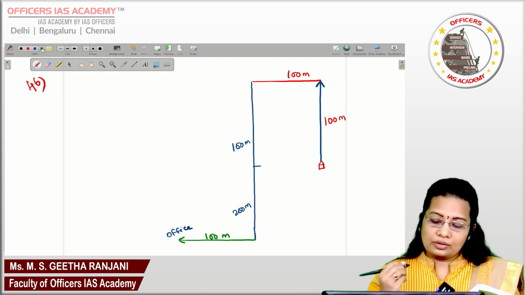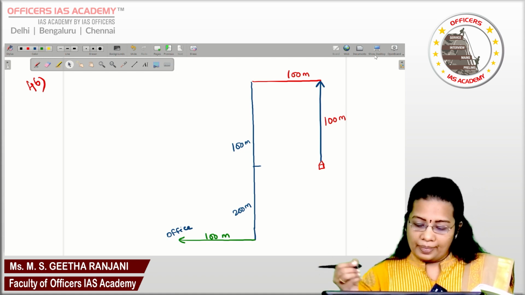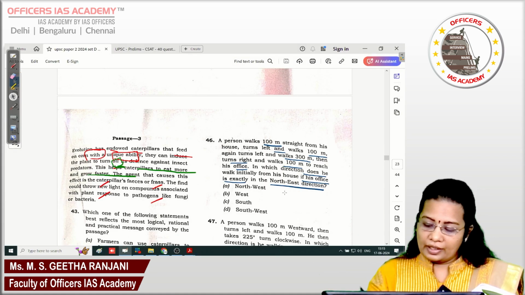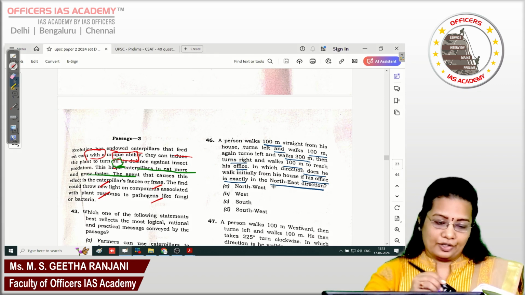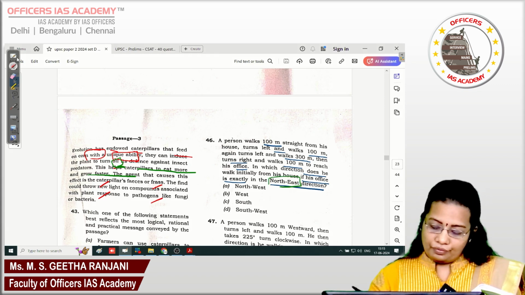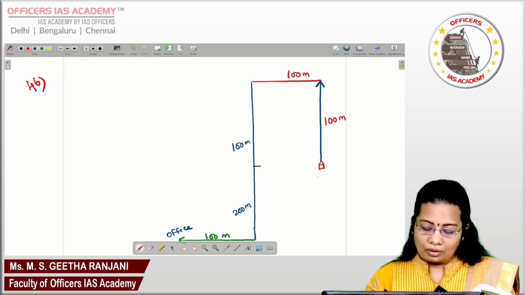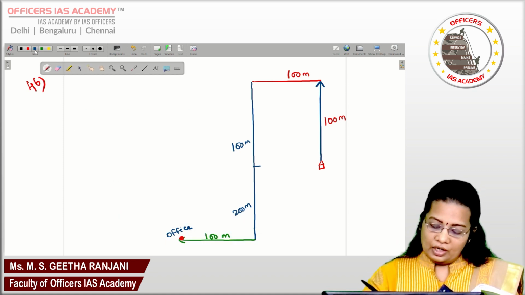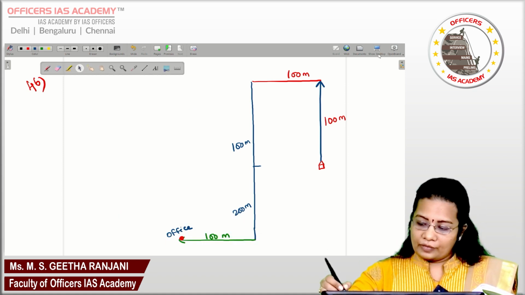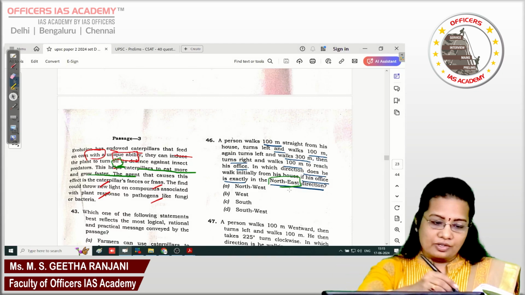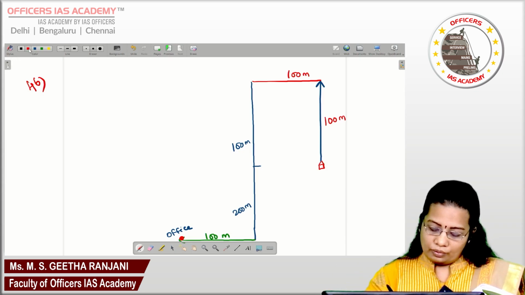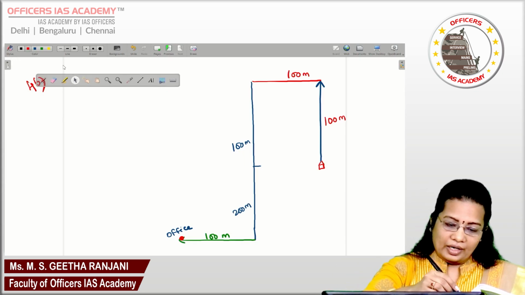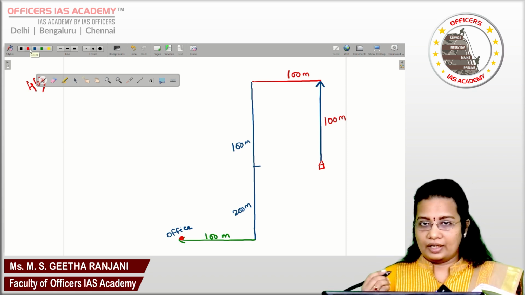Now the question is telling you that his office is in the northeast direction. So from the house, this you can take as the point of the office, which is situated in the northeast direction. So what will happen? Initially, what was his starting direction?